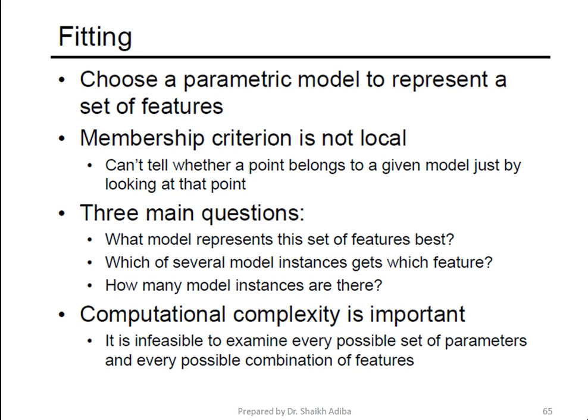And how many model instances are there? After getting answers to these questions, we can look at the computational complexity, which is very essential here, as it is infeasible to examine every possible set of parameters and every possible combination of features.